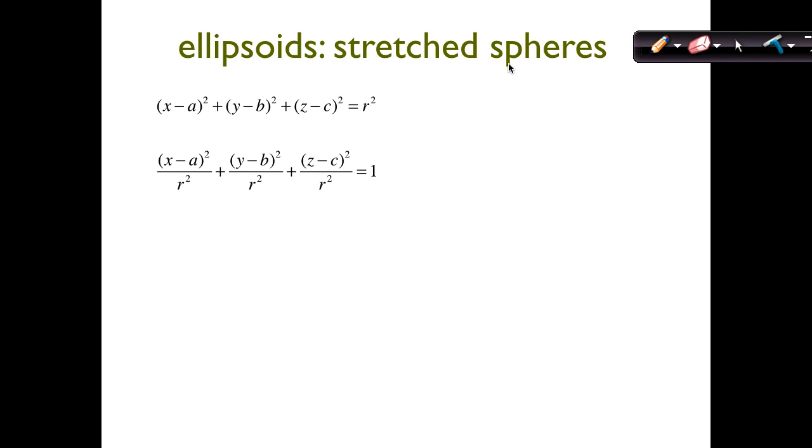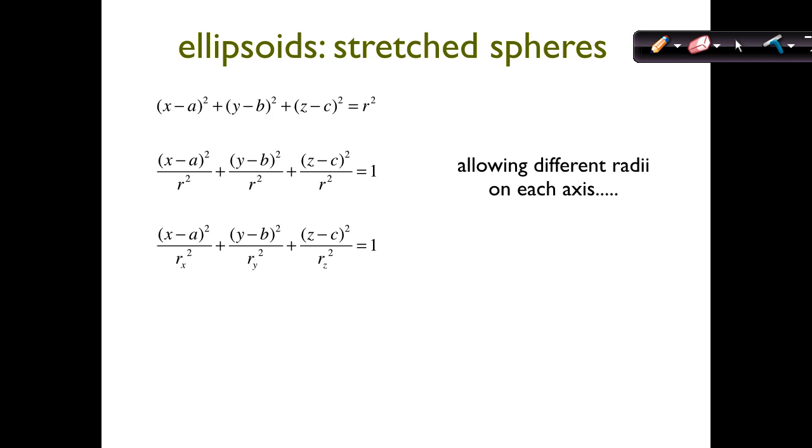Does it make sense? So what kind of thing do you get? You get like a rugby ball, or a UFO, or a pillow, like an oval-shaped pillow. So if you allow a different radius in each axis, rather than the same radius r squared for a sphere, you could have an x radius, a y radius, and a z radius.